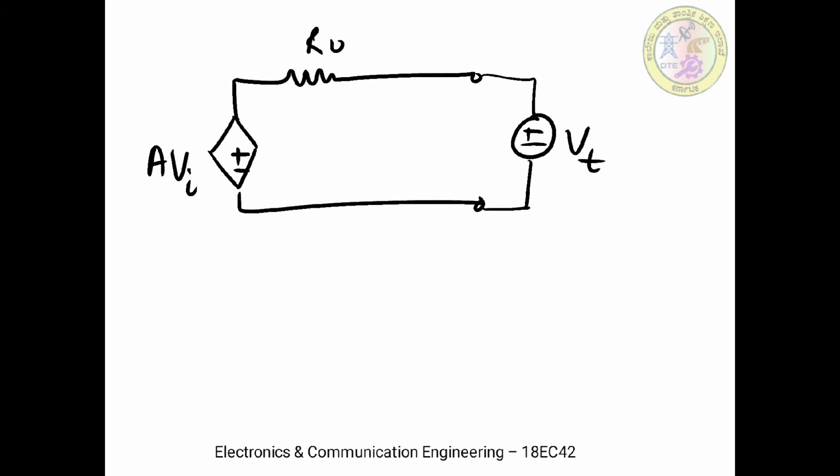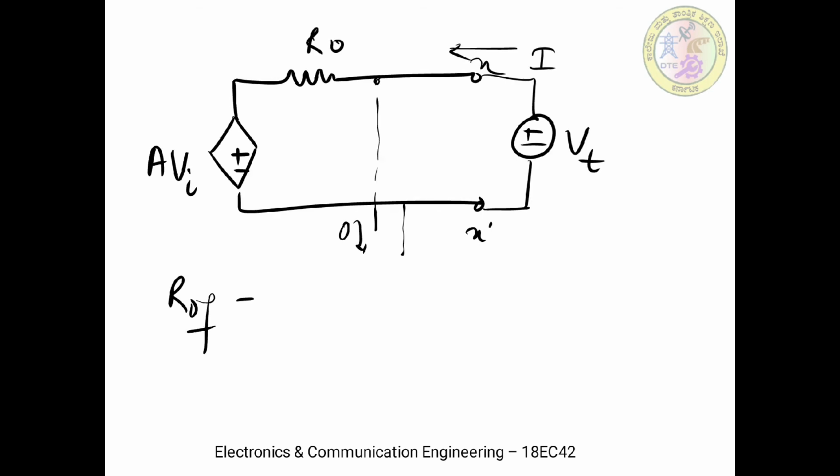These are the nodes X dash. Here the current I. Now in this representation, the ROF will be written as equal to Vt divided by I.